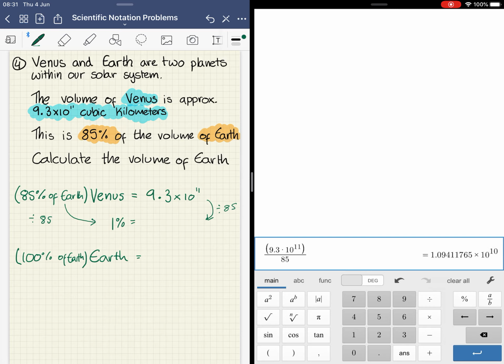And this is what it comes out with. I'm just going to write the whole thing for the time being. You never really want to round midway through a question. And then to get from 1% to 100%, I times that by 100. And so therefore I've got to times this by 100.